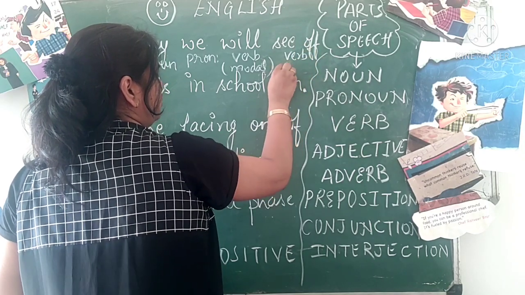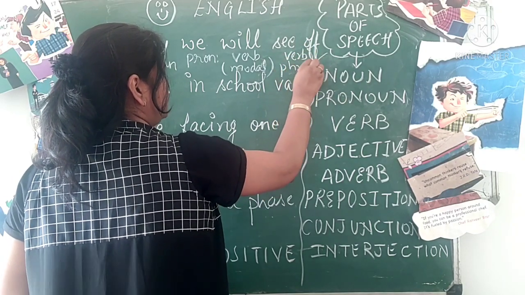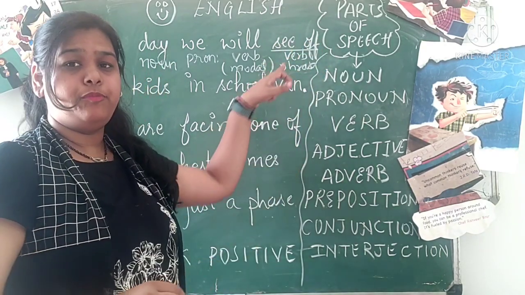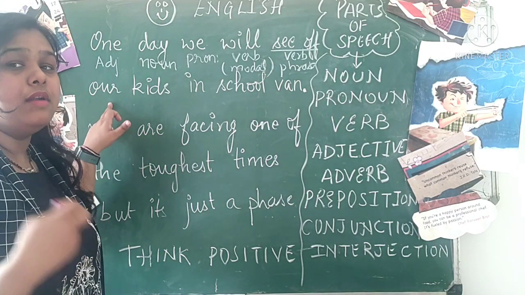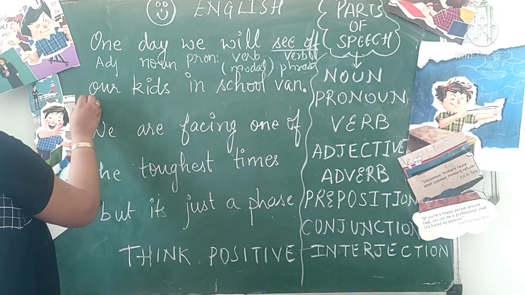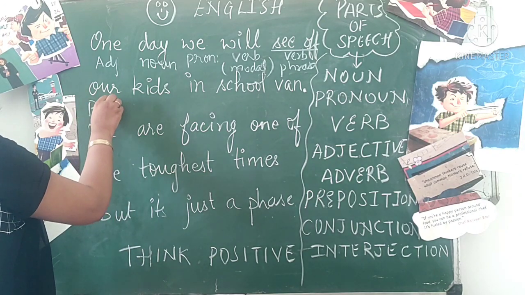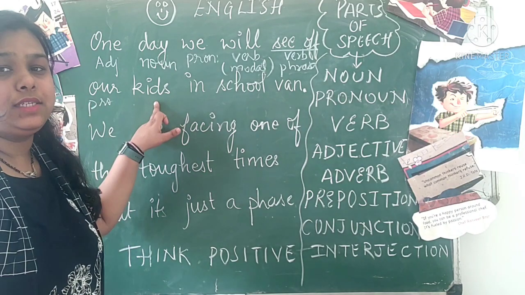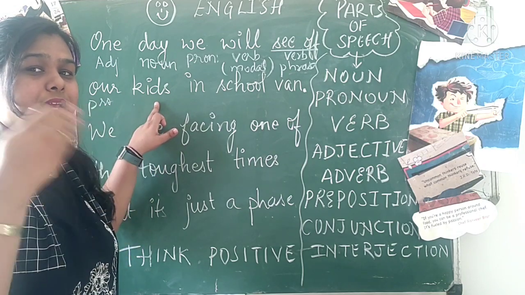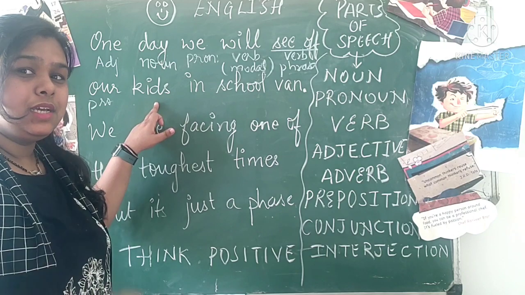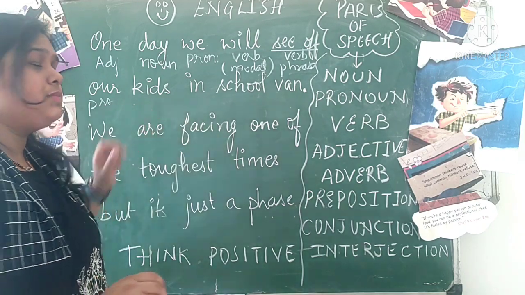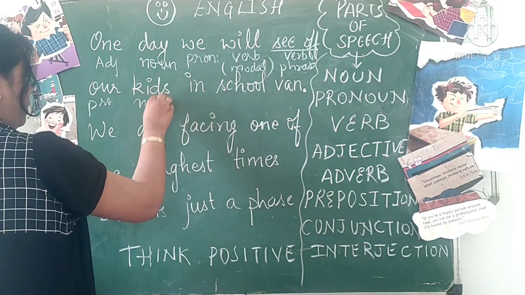So it's a verb phrase. Then are. What is are? Are is a pronoun. Kids. Now what is kids? Name, place, animal, thing, person, right? They are kids, human. So kids means noun.